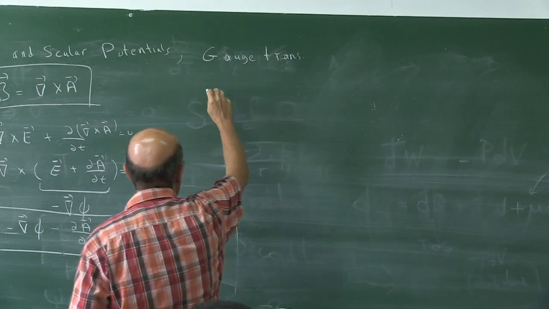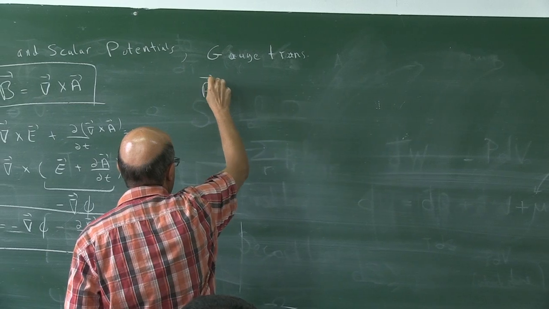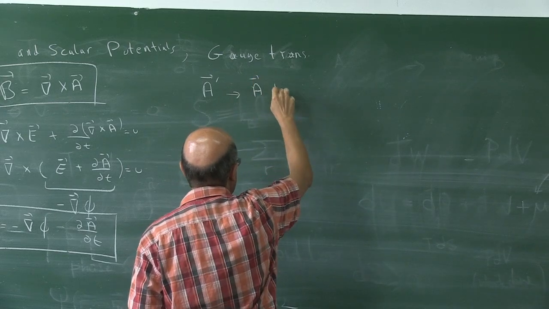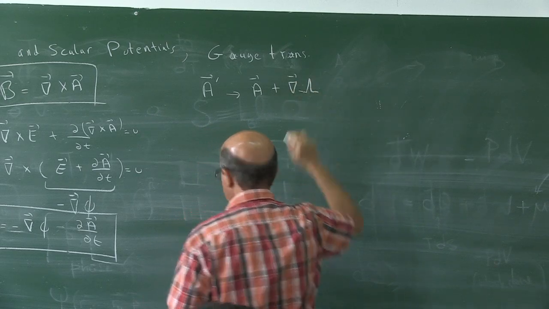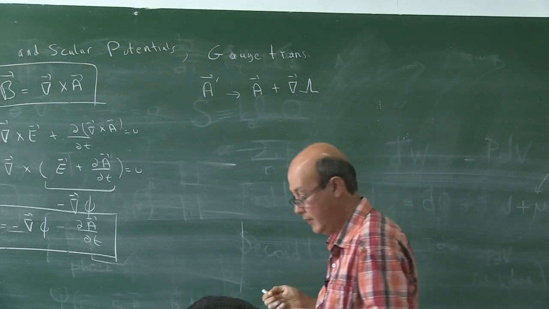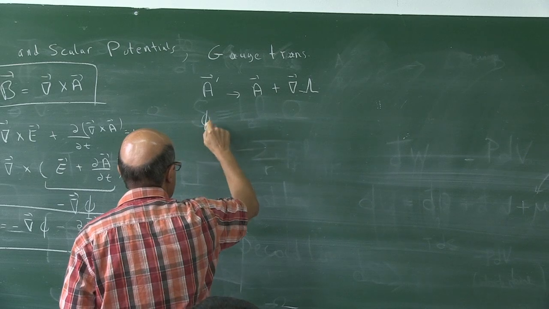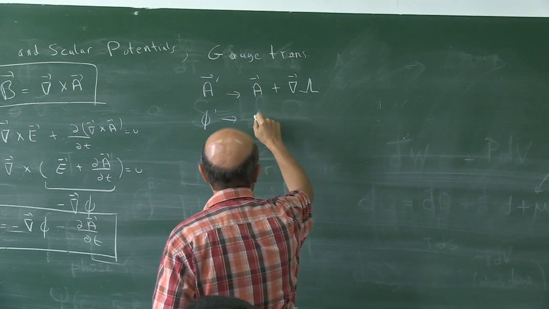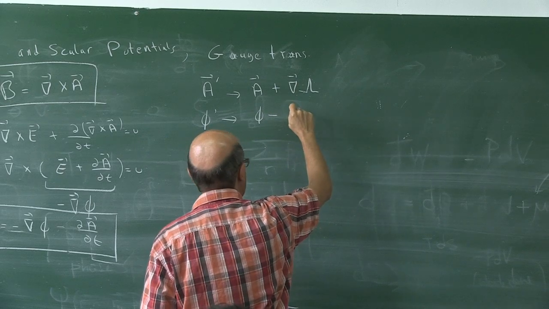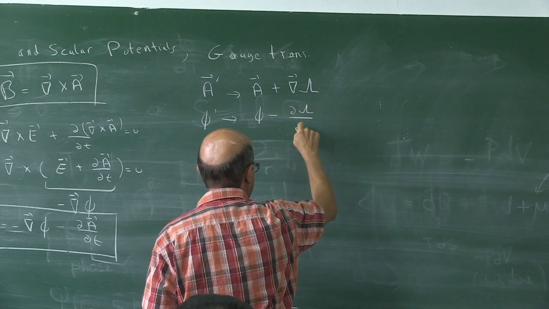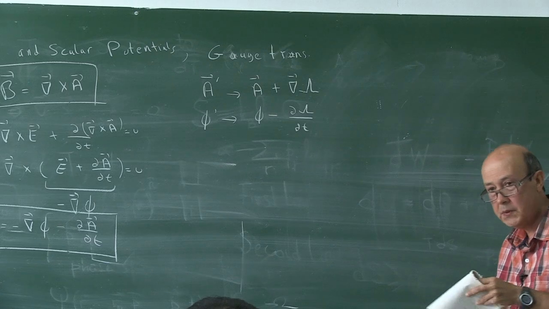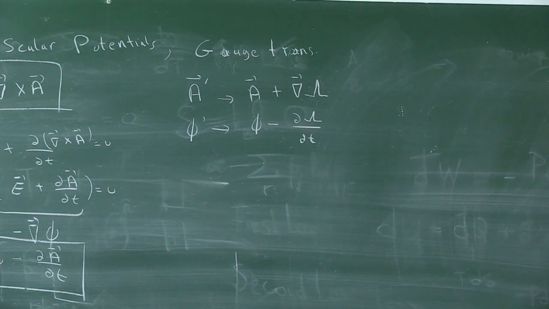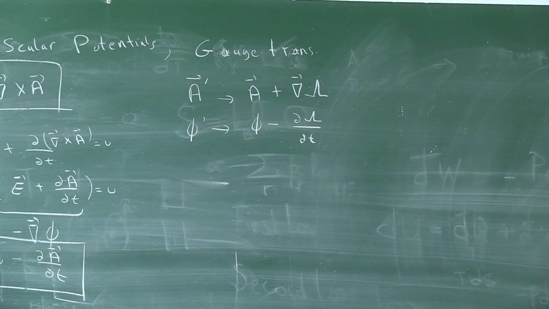Choose the vector potential changed as A plus the gradient of some scalar function, and choose the scalar potential changed in the following form. If you change the potentials in that form, you can see that the E and B fields are not affected.